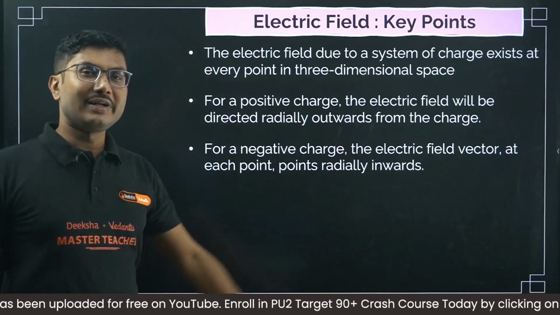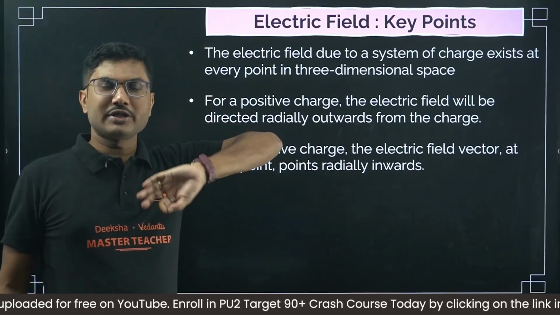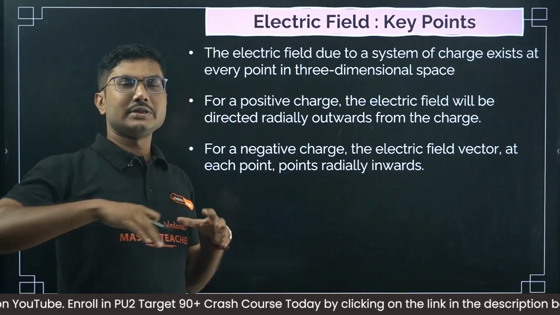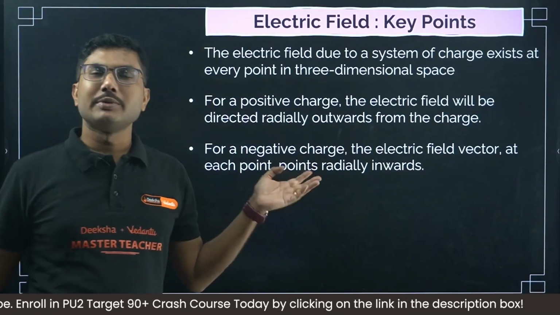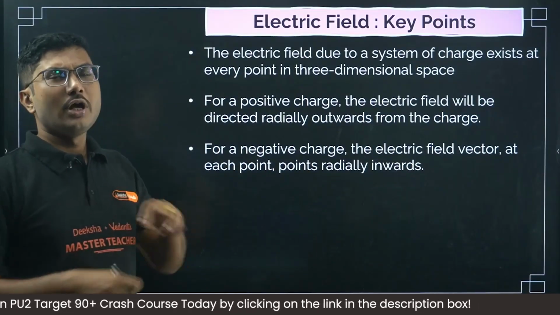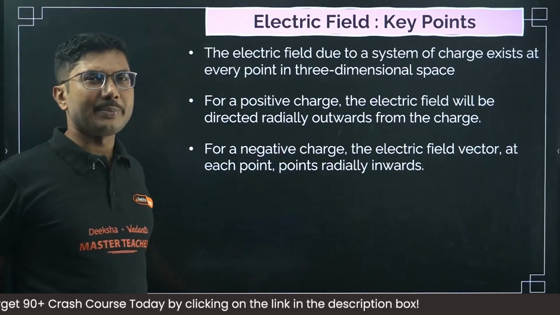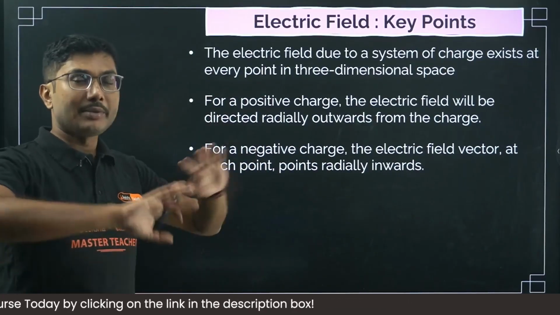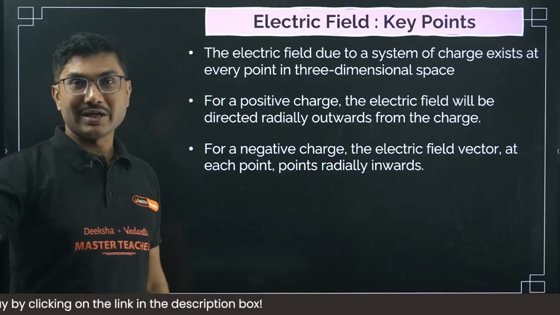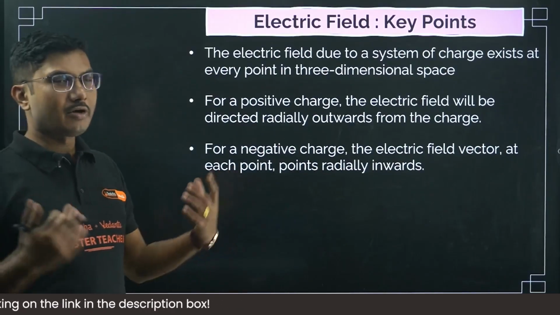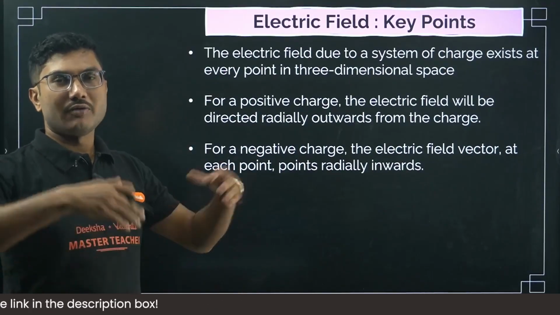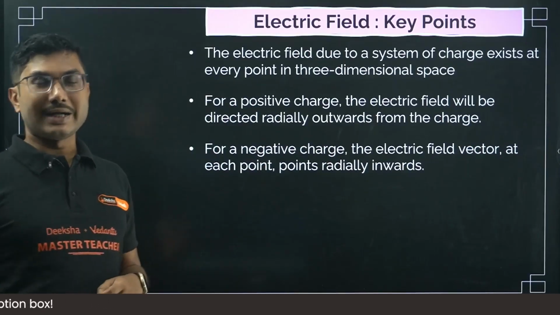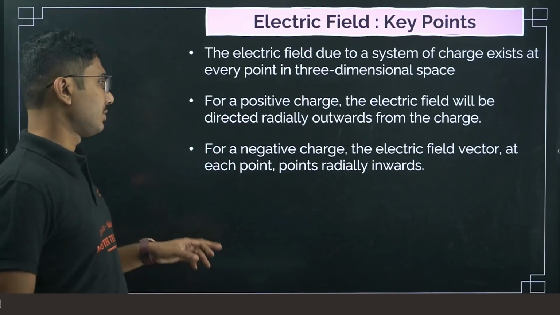Theoretically, the electric field exists from the charge till infinity. Practically, it does not, because it dissipates because of the presence of other charges. If you have a completely empty space and a small charge placed at some point, each and every point will have the effect of that charge. But because our universe is filled up with different materials and objects, we do not feel that effect beyond a certain distance.